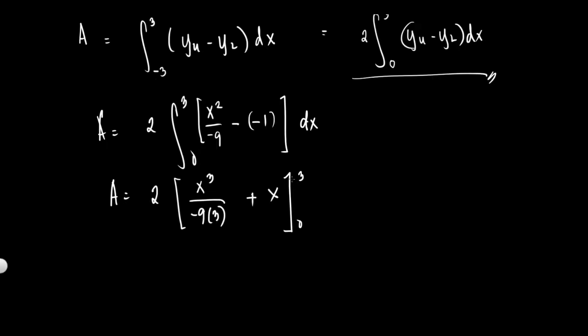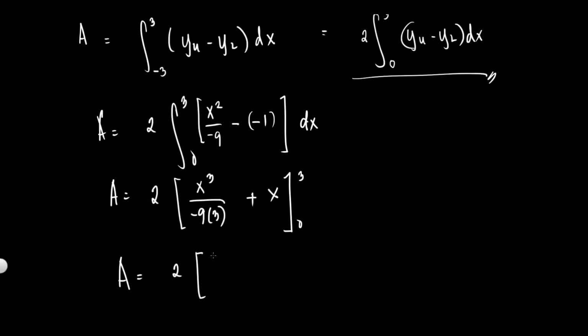Now, pag substitute ng mga limit, unahin mo yung higher limit, yung 3, yung upper. Tapos, i-minus mo dito yung lower naman. So, we have A equals 2, upper limit muna.